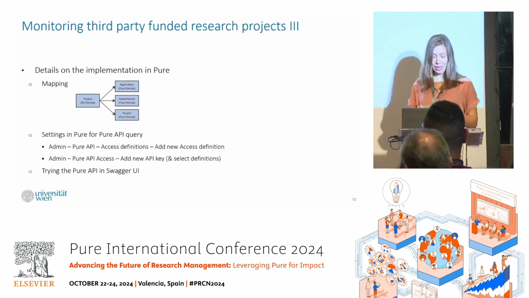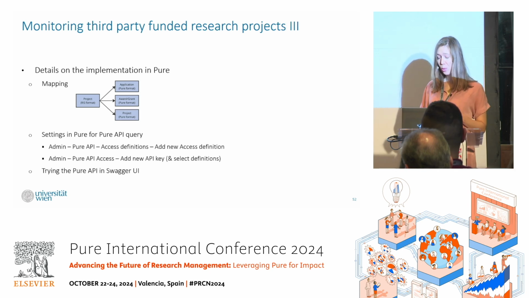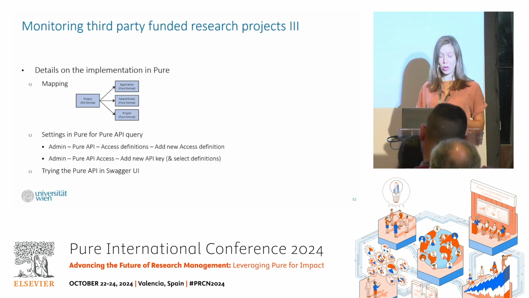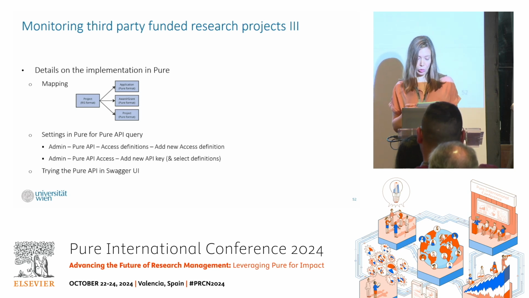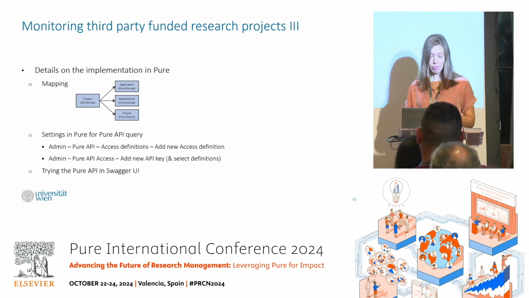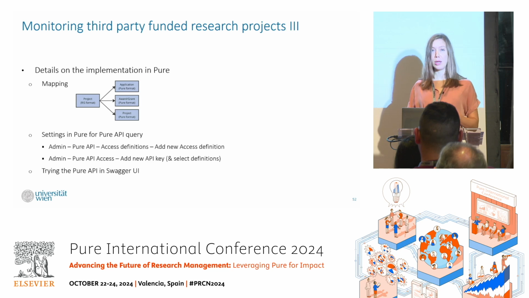And in the RIS standard we developed, we merged the information about the projects and the applications. And as you know, in Pure we have 3 categories, as you can see. So the applications, award grants, and projects. So we had to be careful when mapping the data, clearly defining what information should be stored under each type when pushing the data in our system.